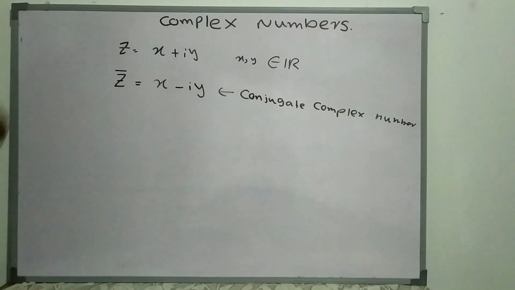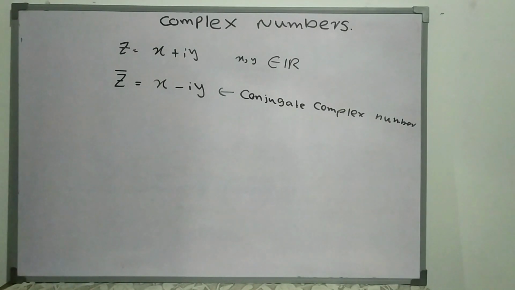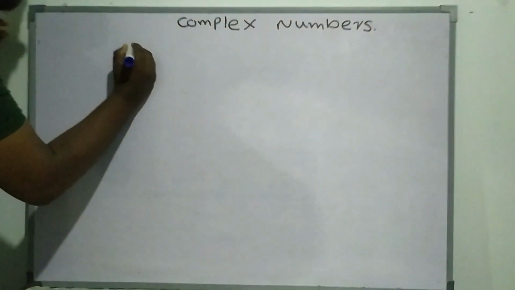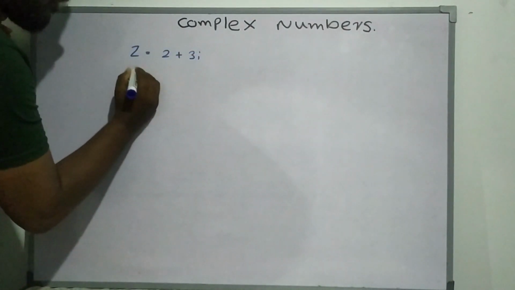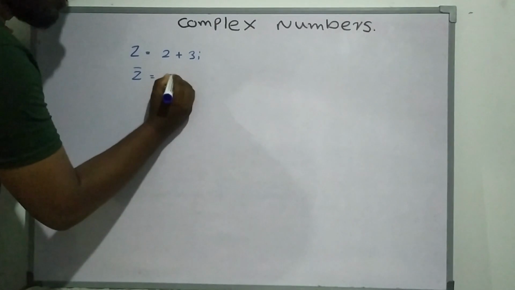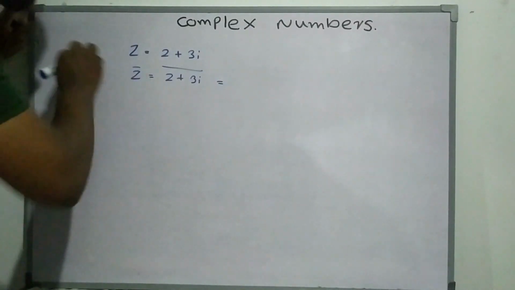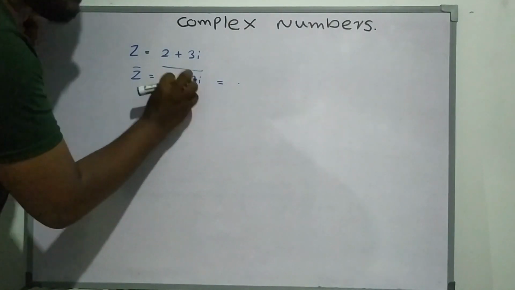First, you have to understand what the conjugate complex number is, and we also have a few theories. The next important thing is the symbol of the conjugate complex number. If you have a complex number z which is 2 plus 3i, then z bar is 2 plus 3i with a bar, and the bar means only the imaginary part's sign has been changed.